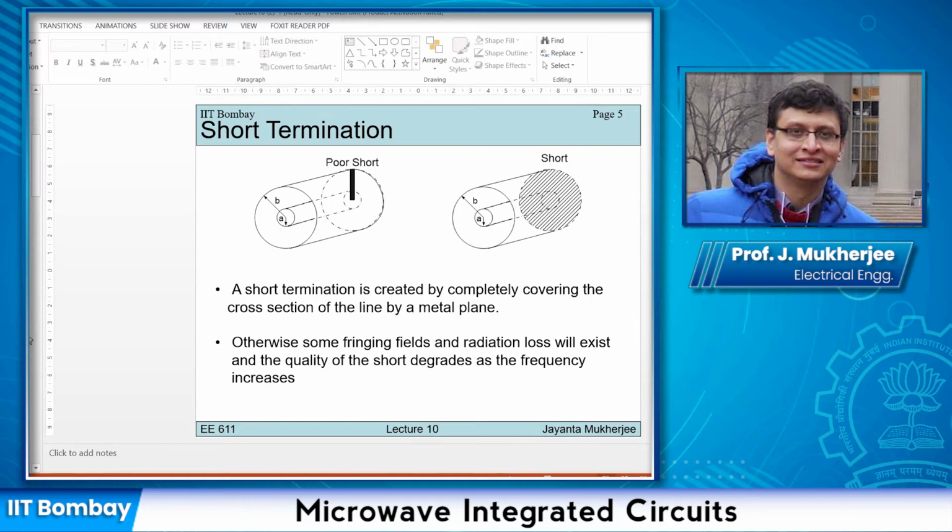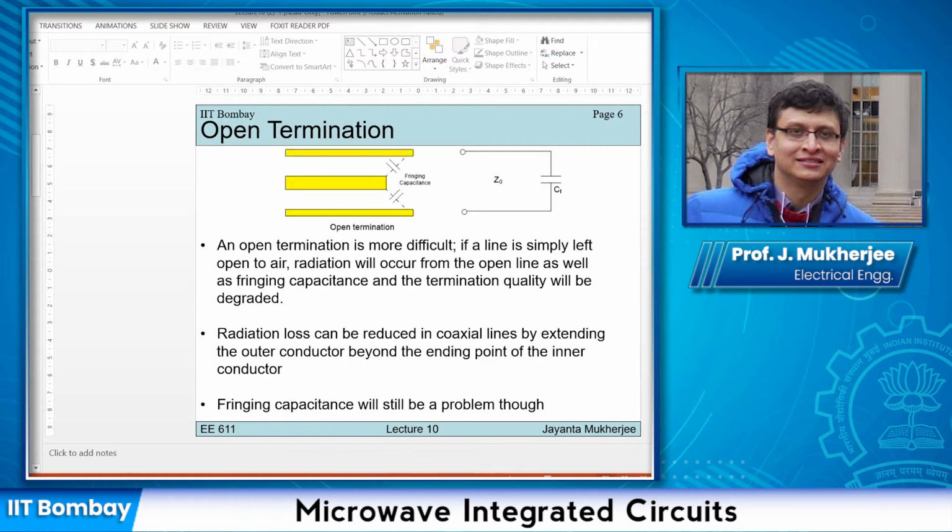Then the next example is that of an open termination. Now, open termination is sort of difficult because at high frequencies there will inevitably be radiative losses. So one way to obtain a good open load is to simply extend the outer conductor.